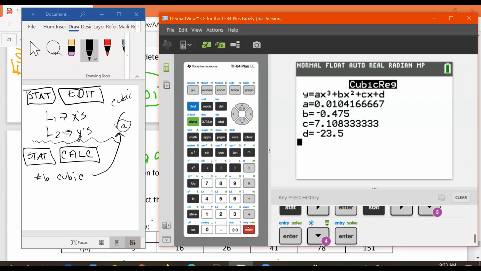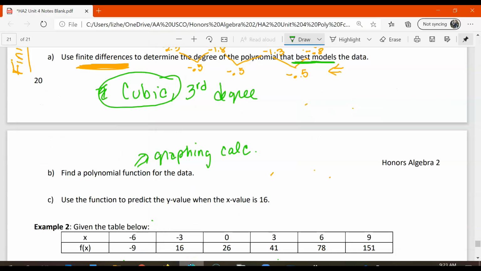And there it is. So the answer then would be A is 0.0104, B is negative 0.475, C is 7.108, and D is negative 23.5. All of those go into this right here. And so now I'm going to write that down on my notes.